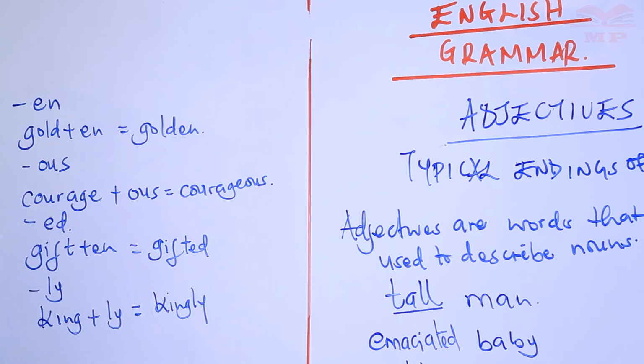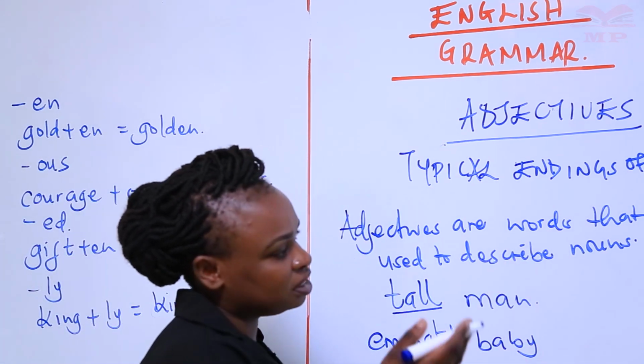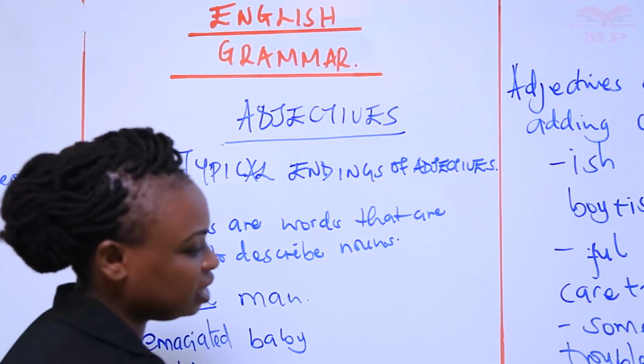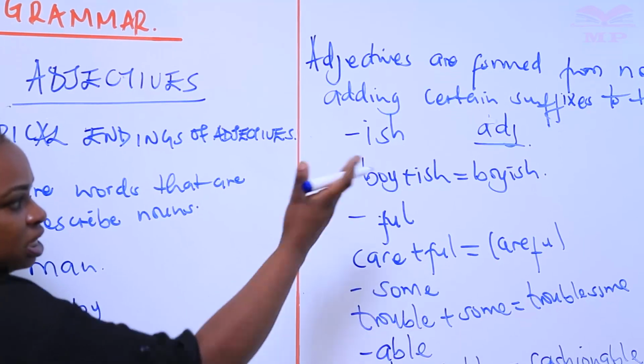So all these are nouns where you add the suffix ish, suffix full, suffix some, suffix able, suffix y, and whatever comes out is an adjective.